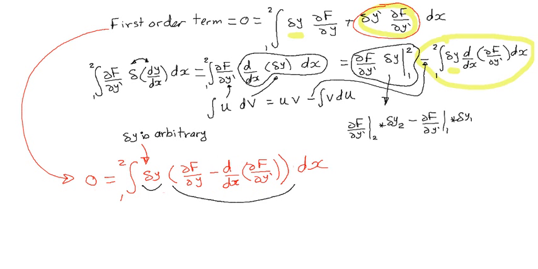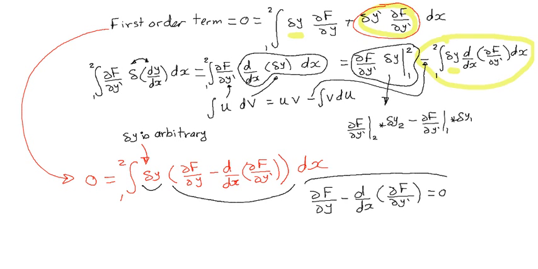So simply you will write that this is the condition to be fulfilled: partial f by partial y minus d by dx of partial f by partial y prime is equal to 0. That's very nice. Now we have transformed our integral constraint.